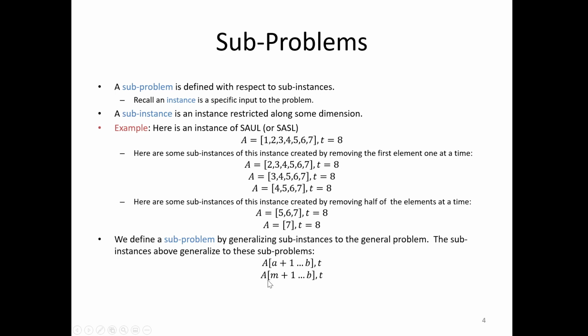And then again, we might have our sub-problem being from A, M plus 1 to B. Now these two sub-problems correspond to the sub-instances that we looked at above. So when we're characterizing our problem, or trying to solve it in terms of sub-problems, we're going to use this kind of formalism to identify our sub-problems.